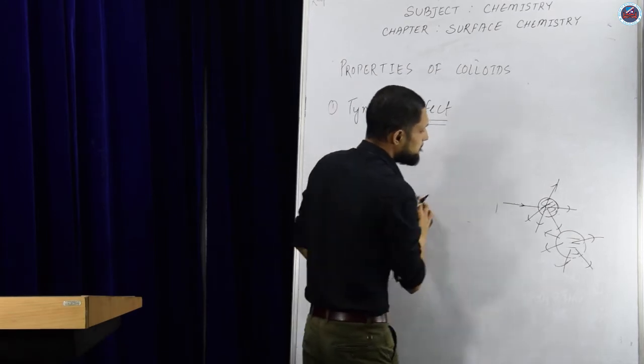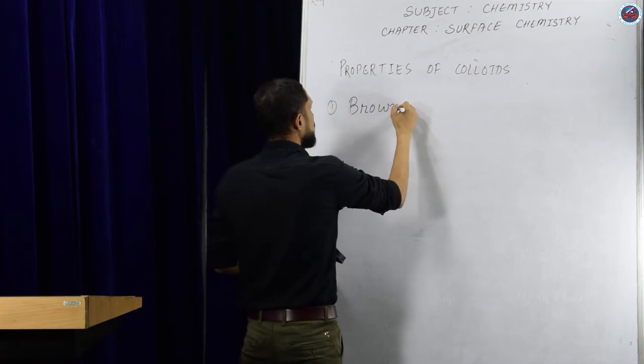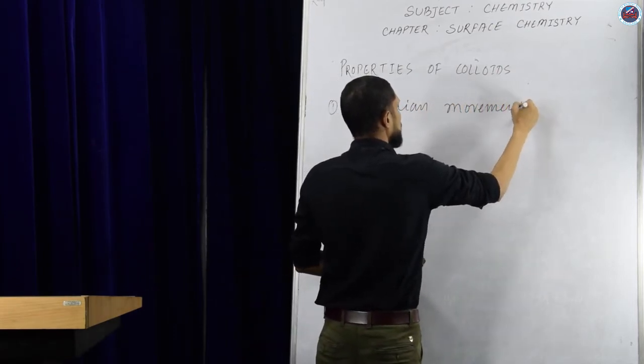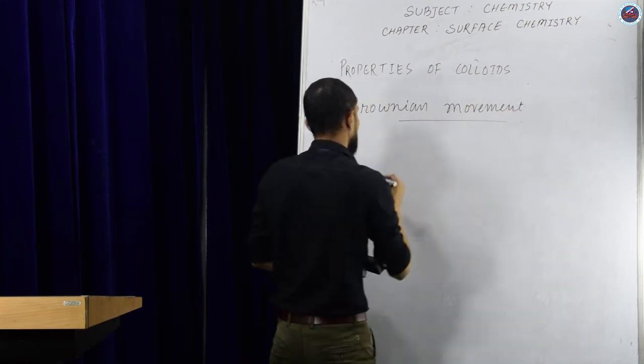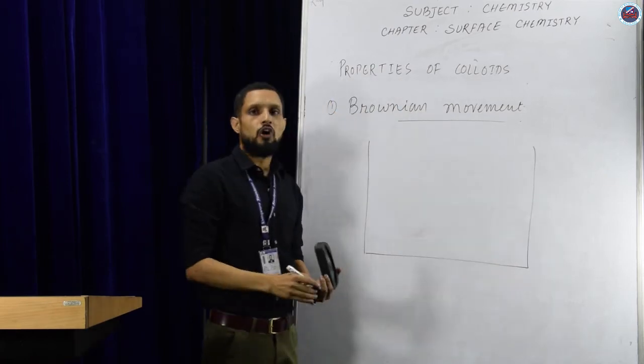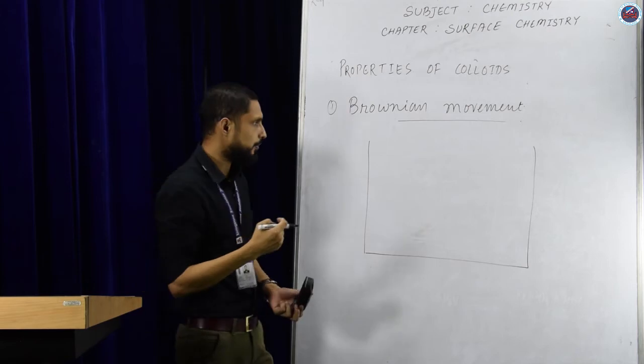Next property is Brownian movement. So we know in a colloid we have two components, dispersed phase and dispersion medium.